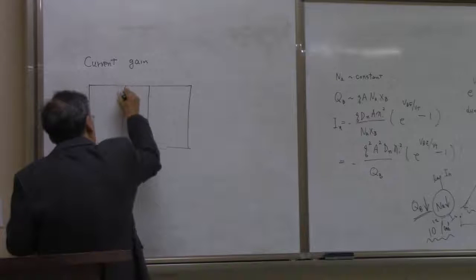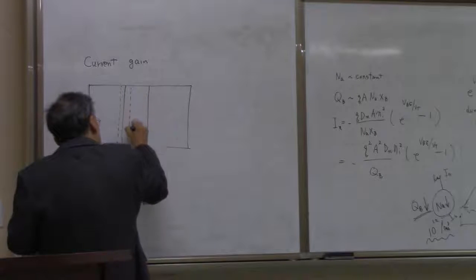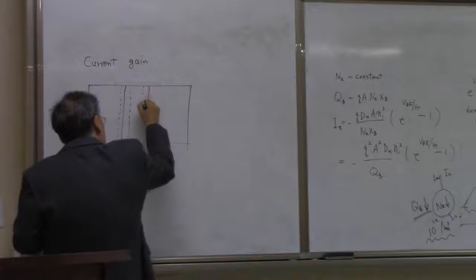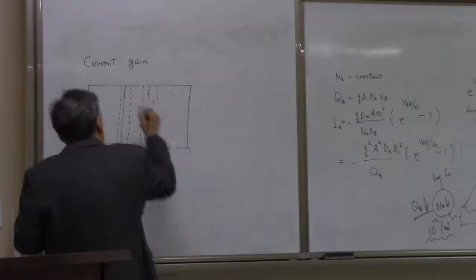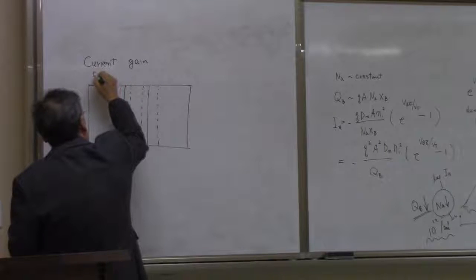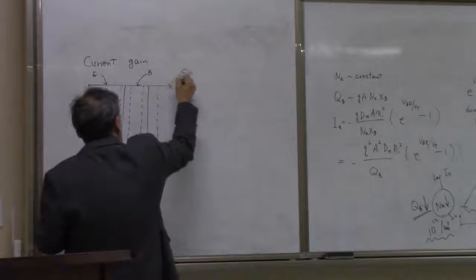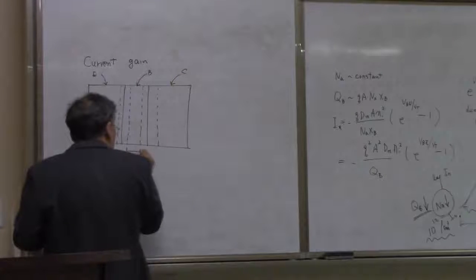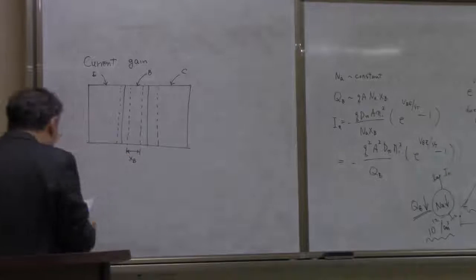Okay, we have depletion regions like this, and then here depletion regions like this, emitter, base, collector, and the distance between here to here is going to be the base current.